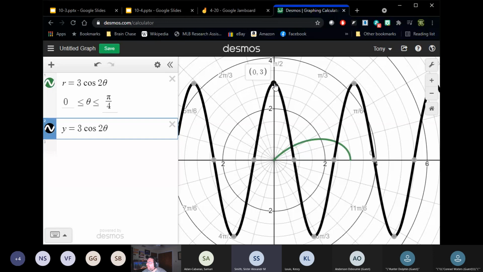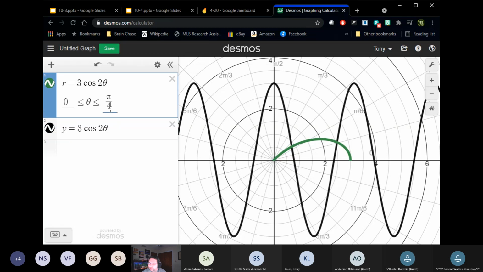So if we're just looking at that first part right there, that's what that green line is doing on the curve. When we add in the pi over 2, we're going to look at the second part of it. So if we look at pi over 4 to pi over 2, that's this part down here.